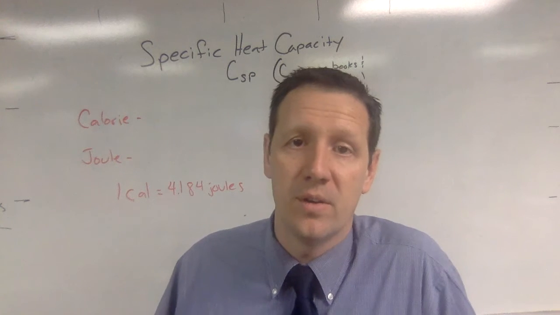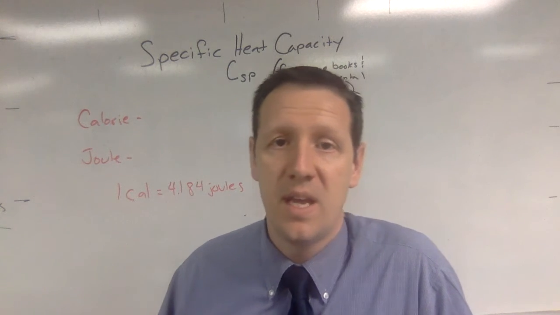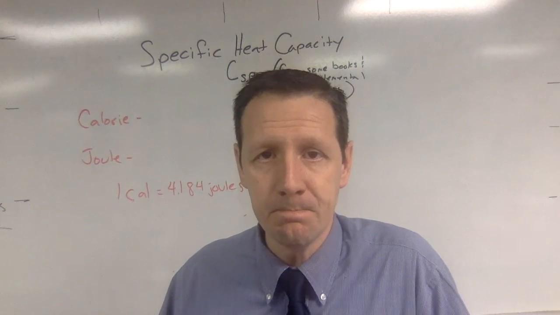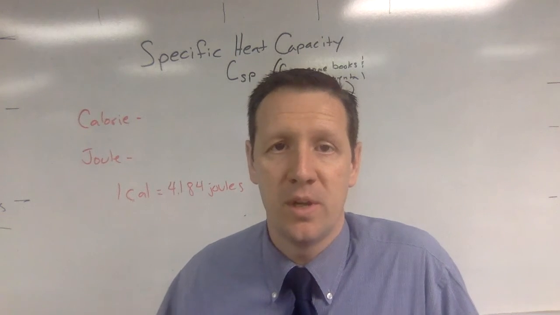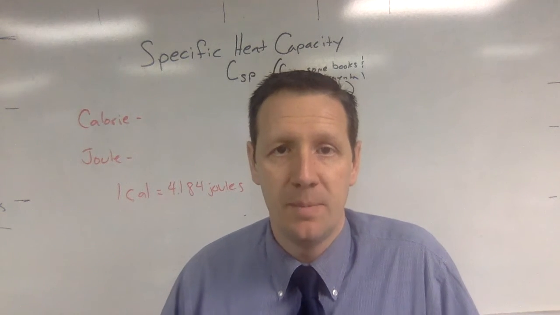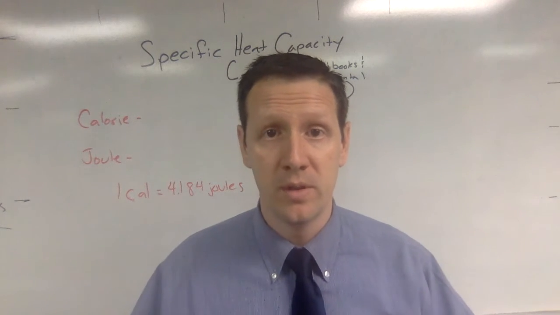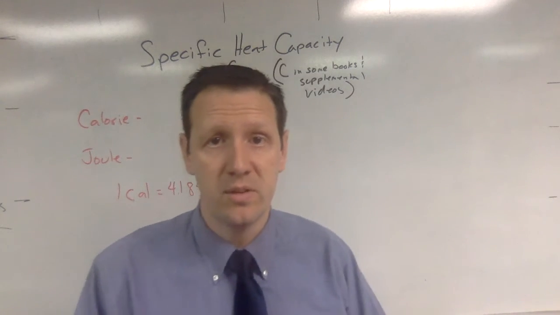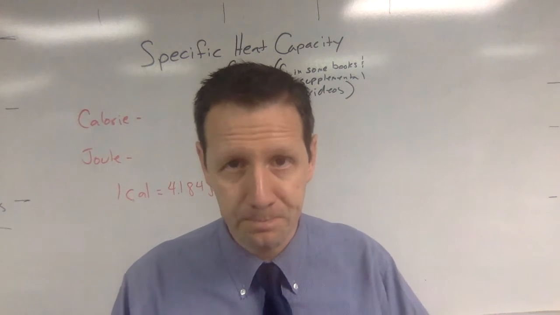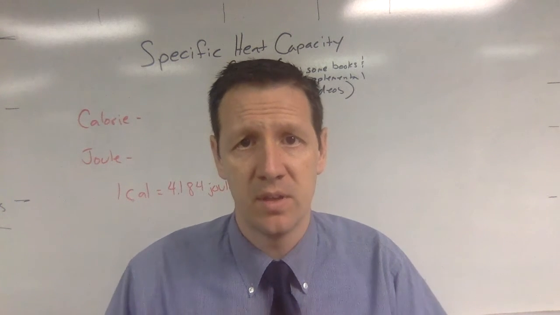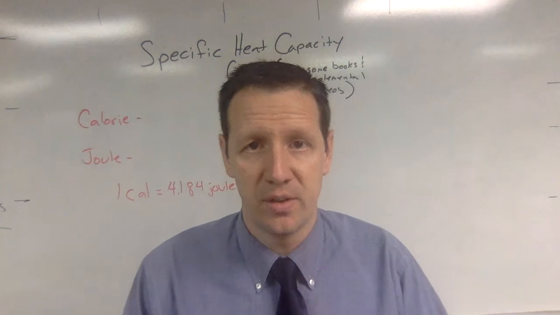Every material has a specific heat capacity. So we're going to learn about this concept and try to apply it to actual important uses, purposes for knowing this concept, and even learn the basics of how to calculate it.